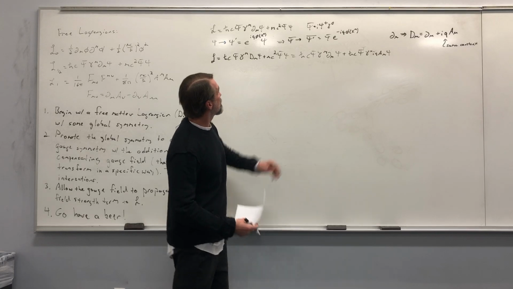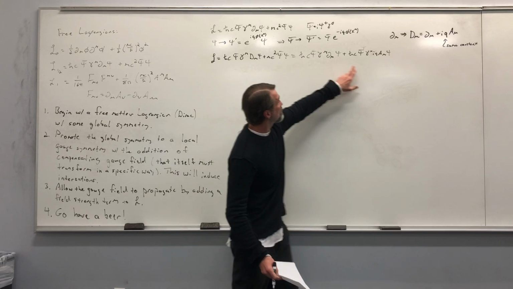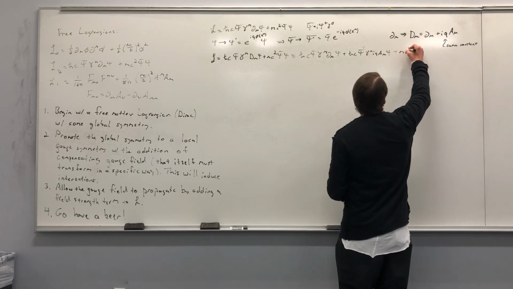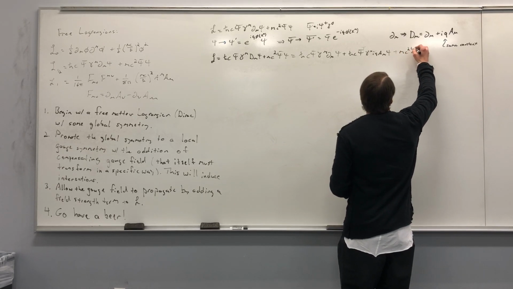All I've done is I've replaced the capital D mu with d mu plus iq a mu. That's all I did. And then of course we've got the mc squared psi bar psi.